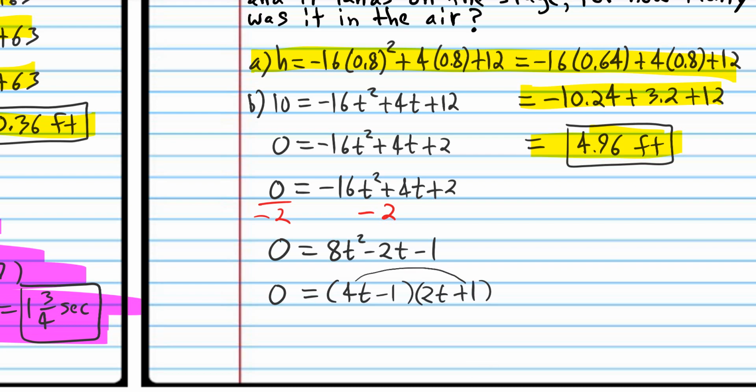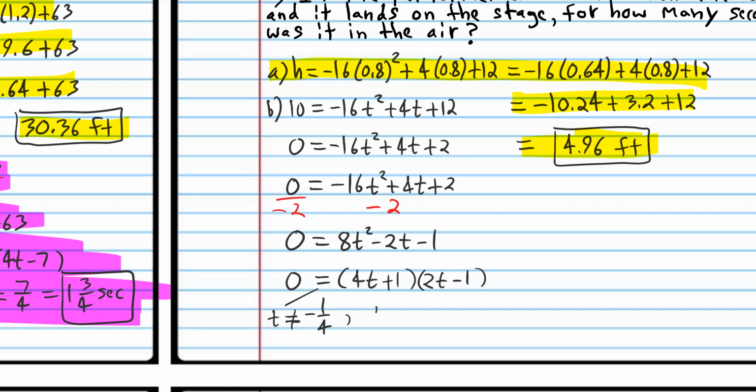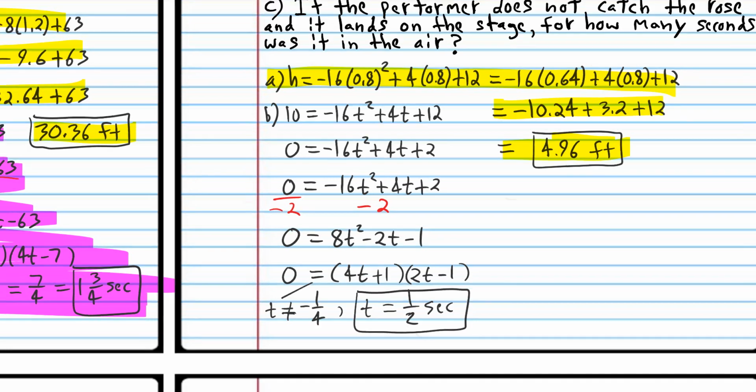So O would be 4t, I would be -2t. 4t minus 2t is 2t. We don't want 2t, we want -2t. So all we have to do is just change the signs. And so t equals -1/4, which is ridiculous. You can't have a negative time. And then t equals 1/2. So 1/2 second is the answer to part B.